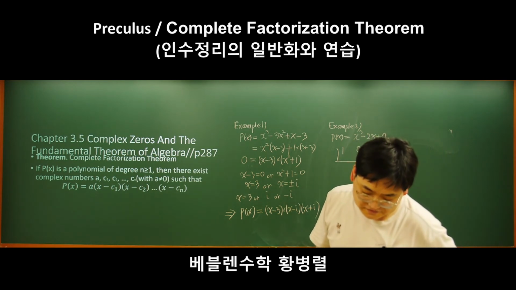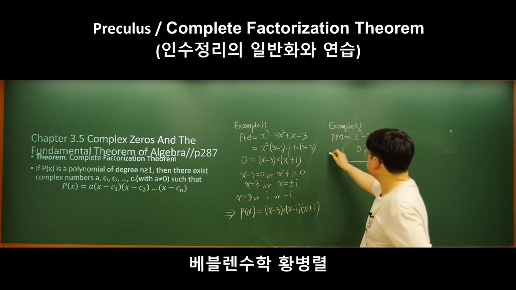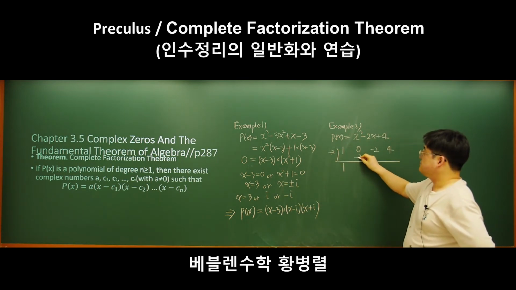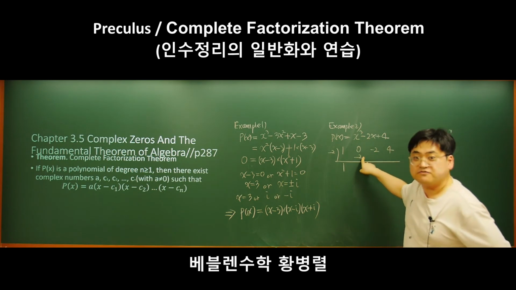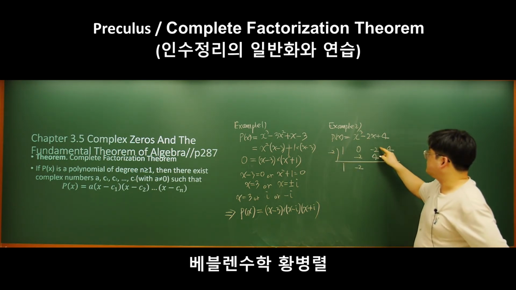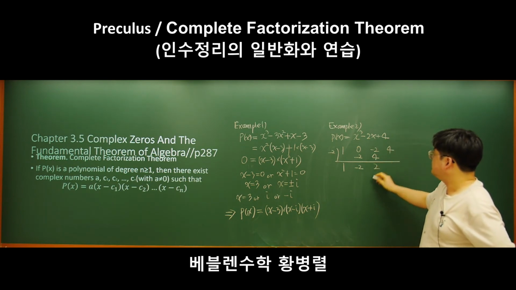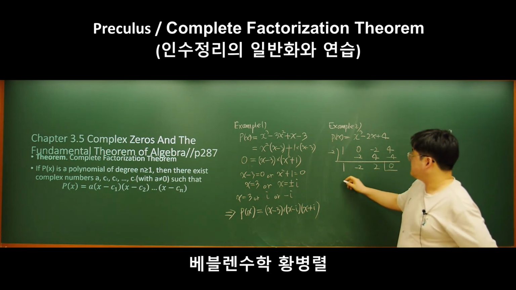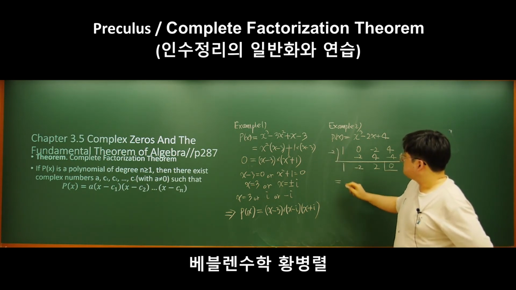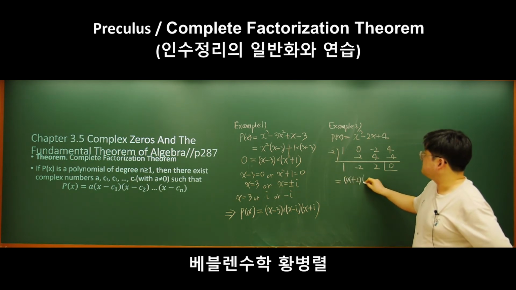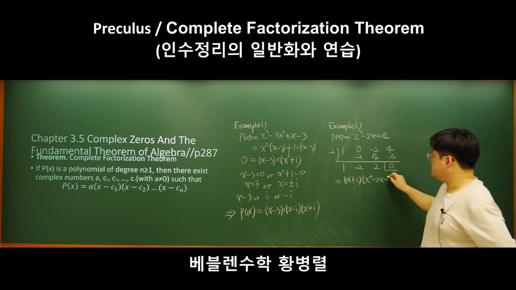Then a candidate for the zero is negative 2. Then 1, negative 2 times 1 is negative 2, and the sum of 0 and negative 2 is negative 2. Negative 2 times negative 2 is positive 4, and the sum of them is 2. And negative 4 plus 4, the final remainder 0. Then by this process, p(x) can be factored as (x plus 2) times (x squared minus 2x plus 2).